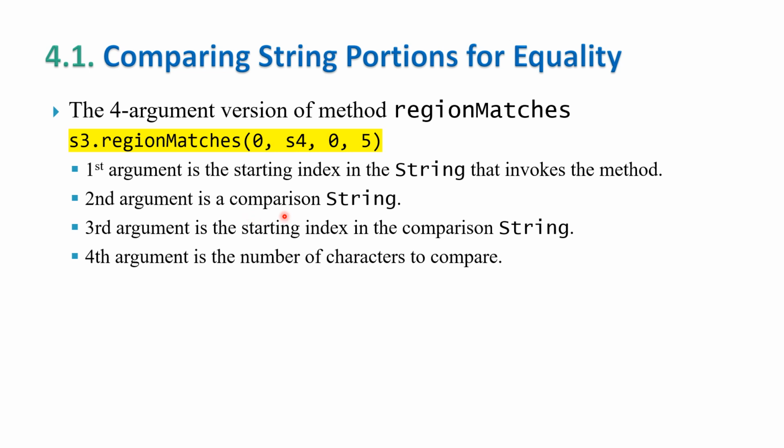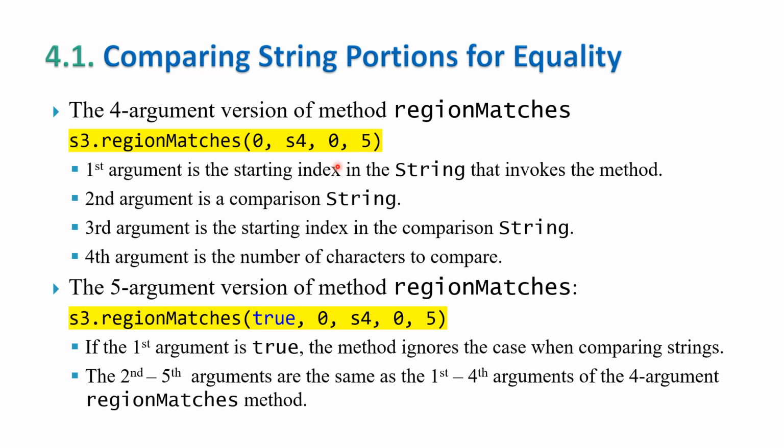The second argument is a comparison string, so in this example, that is the string s4. The third argument is the starting index in the comparison string, so that is the starting index in the string s4 in this example. And the fourth argument in the four-argument version is the number of characters to compare.